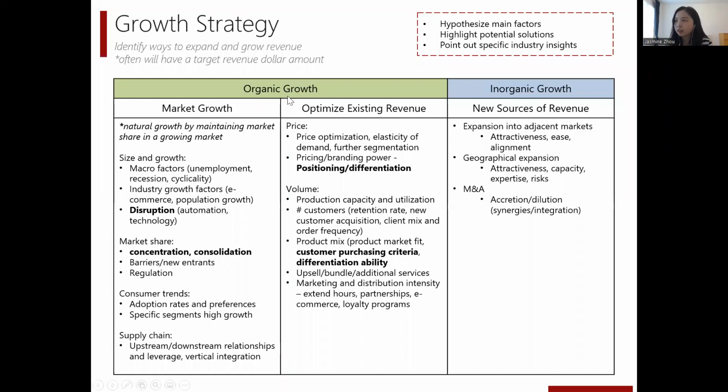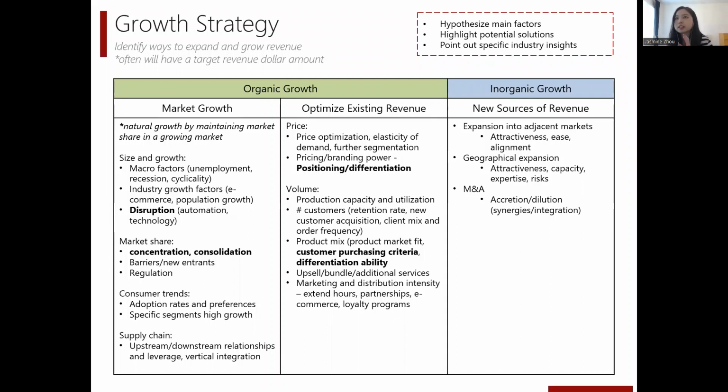So organic growth, the first bucket, market growth, is talking about the natural growth that your firm will achieve by maintaining market share in a growing market. So if this is a growing market, even if you still maintain 10% market share, your overall revenue is still going to grow along with the market.